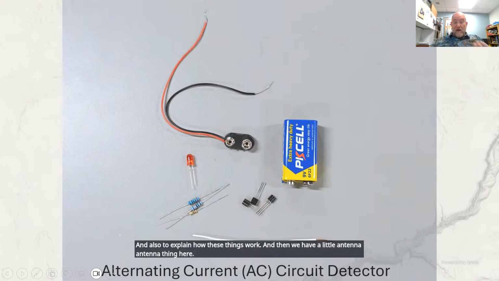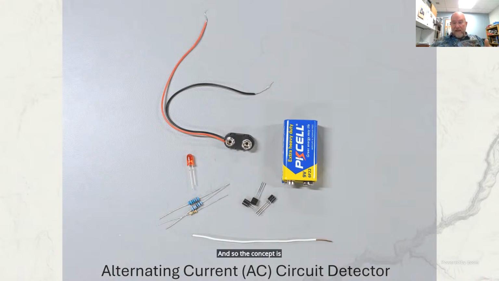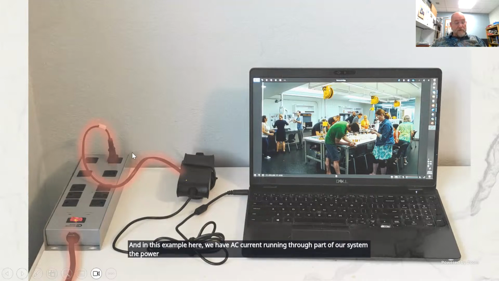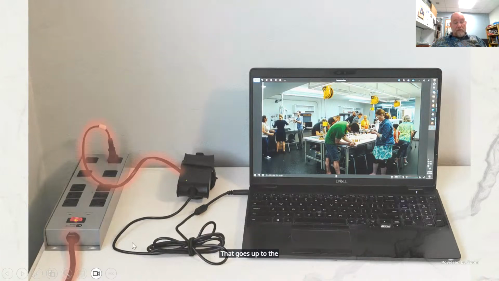And so the concept is to detect AC current. In this example, we have AC current running through part of our system to power our computer. It goes up to the power supply, and the output from the power supply is DC current.